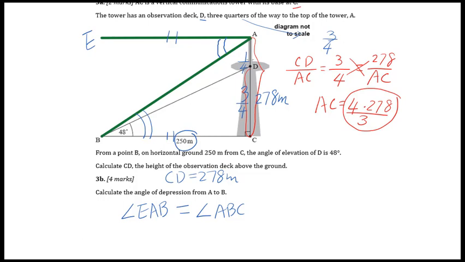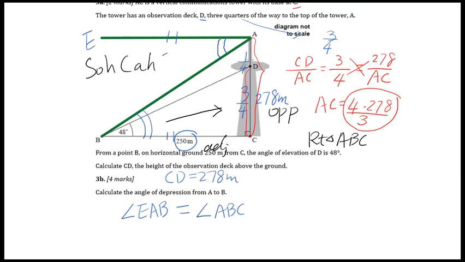Therefore, in this right triangle ABC, AC is opposite, BC is adjacent. Using SOHCAHTOA, we are given opposite and adjacent. Then we have to use a tangent.